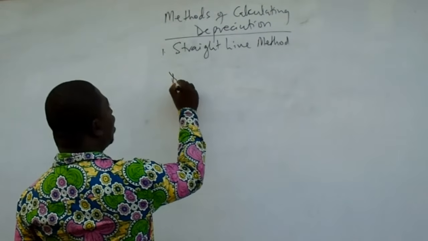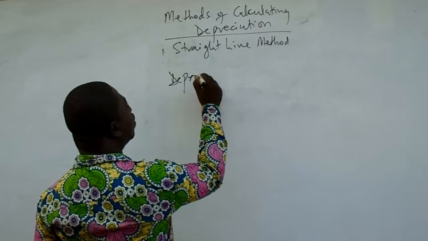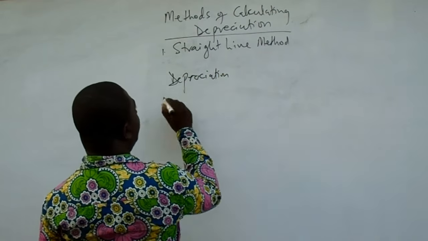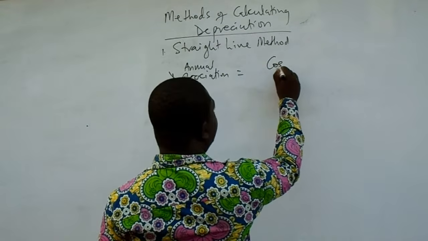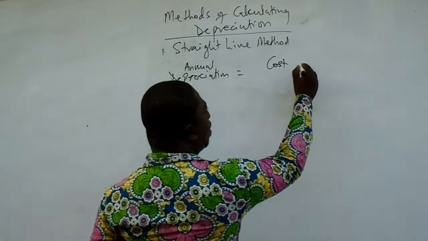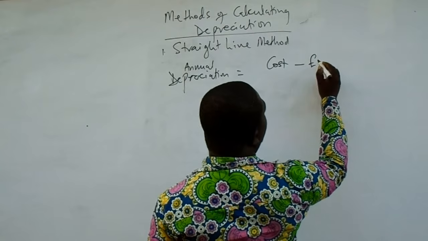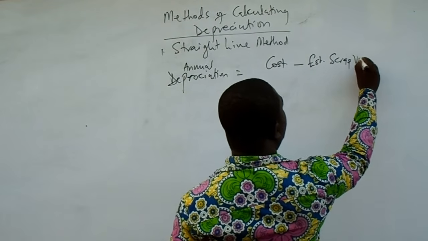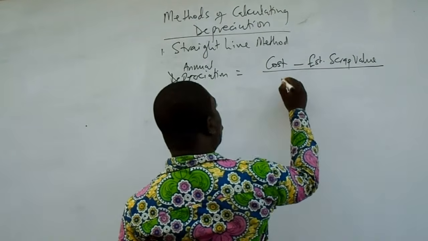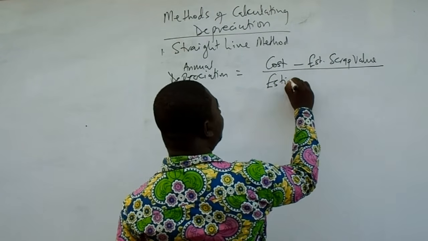Now, the formula for calculating depreciation, the annual depreciation charge, under this method is your cost minus your scrap value, estimated scrap value, all over the estimated useful life.